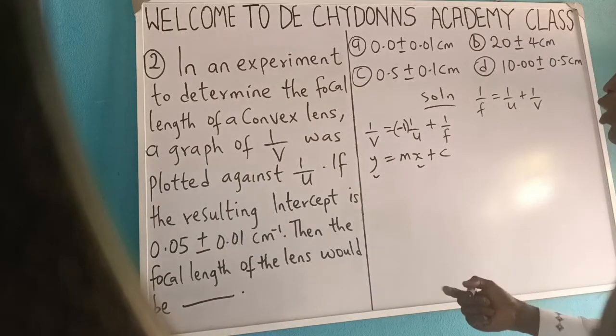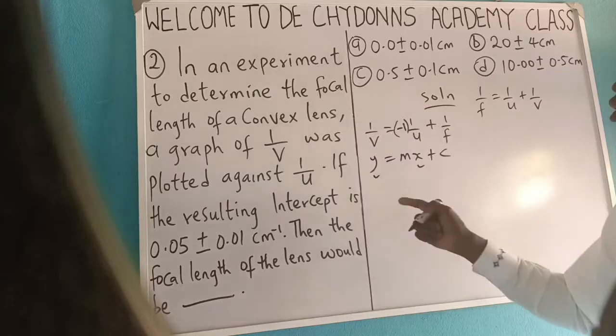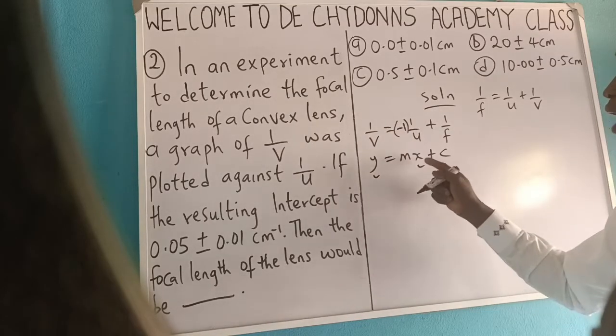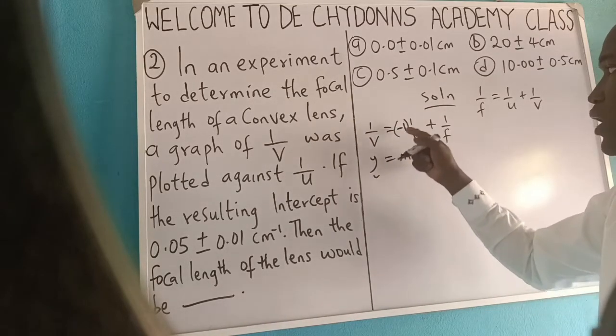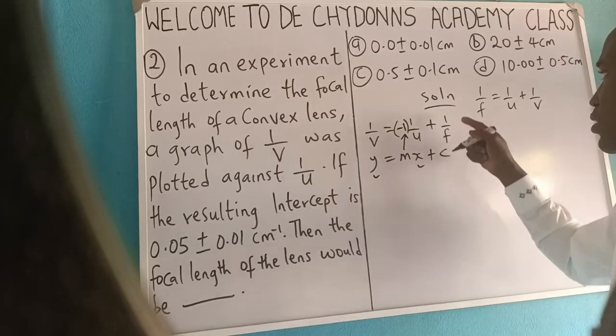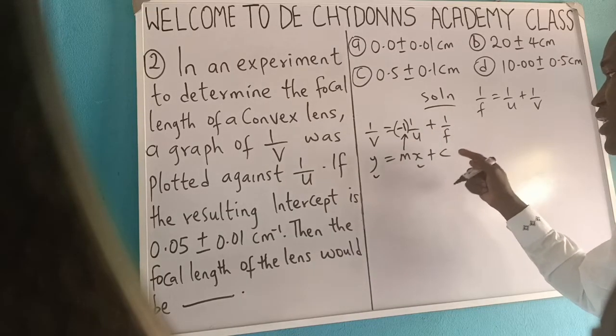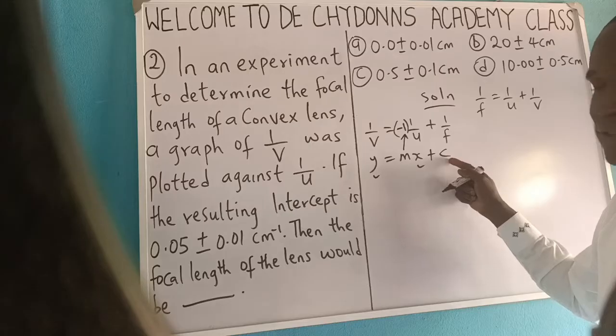Comparing it to what we have here, y is 1 over v, x is 1 over u, m is minus 1, and 1 over f becomes the c. The c is called the intercept.